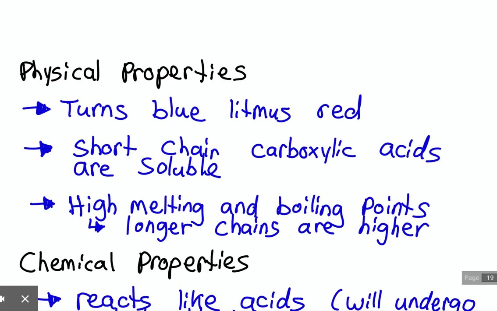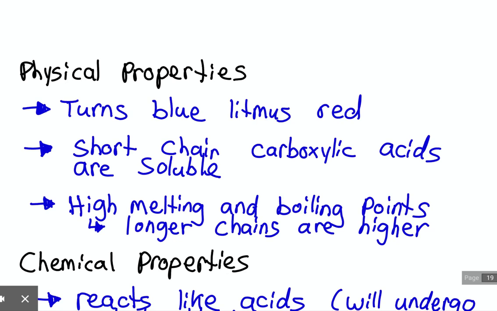If they're a short chain carboxylic acid, they're soluble. But if it's a longer chain carboxylic acid, they become less soluble because by adding more carbons and hydrogens, more of the molecule becomes non-polar, and the ability to hydrogen bond diminishes as you add carbons to the chain.